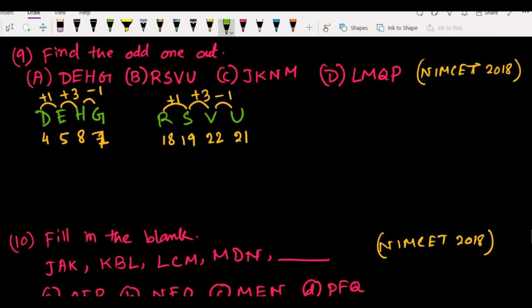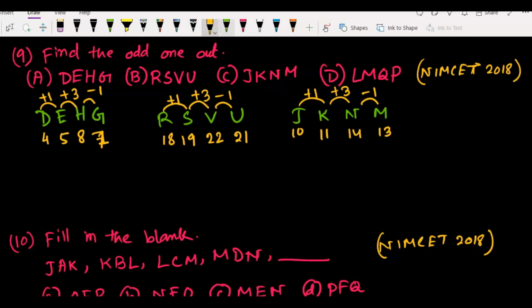Then we have J, K, N, M. J is 10, K is 11, N is 14, and M is 13. So 10 plus 1 is 11, plus 1. 11 plus 3 is 14, so plus 3, and 14 minus 1 is 13, so minus 1. So you see the pattern is plus 1, plus 3, minus 1.